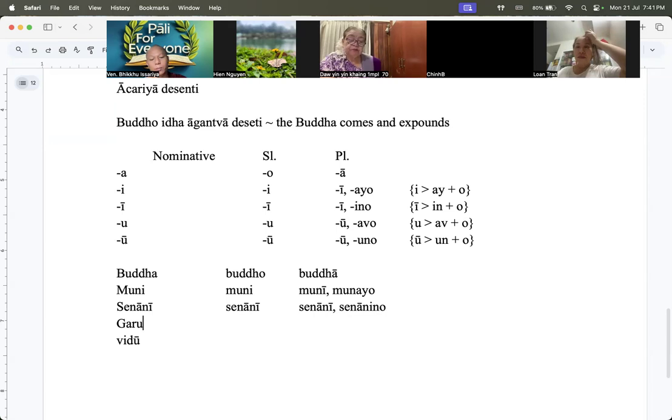And for the Guru, so Guru and Guru for plural, other forms Garawo.